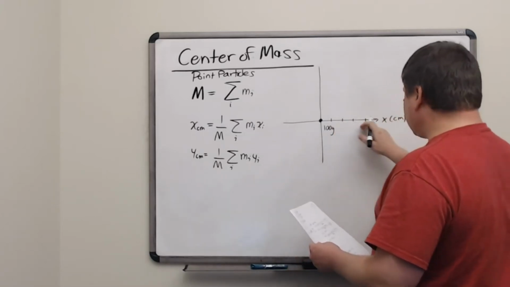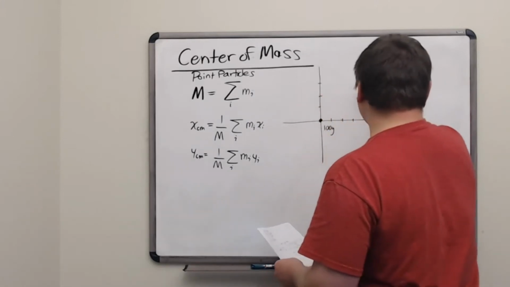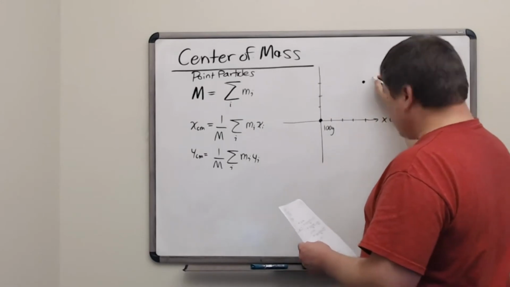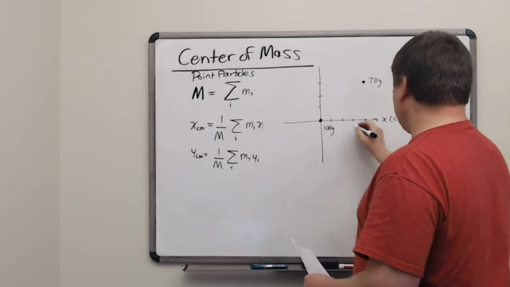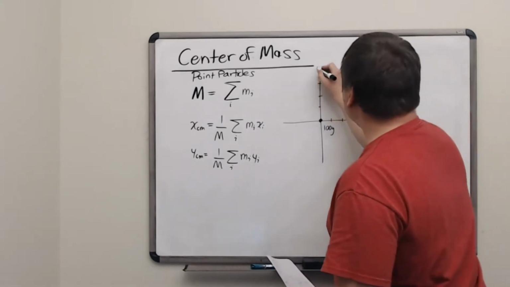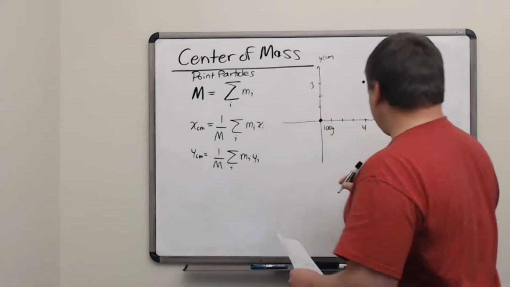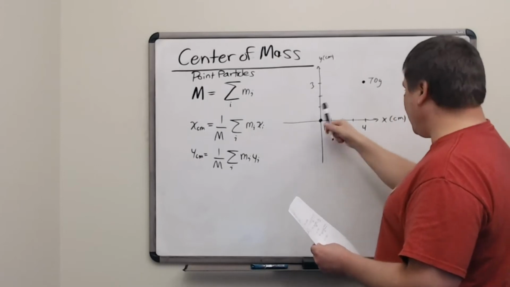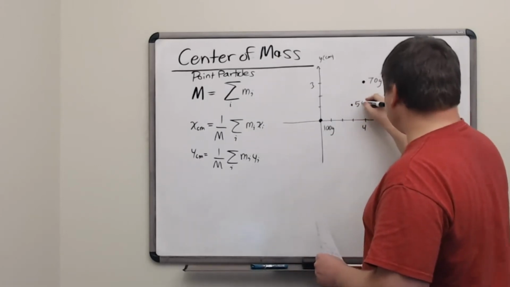There's a second mass in the system with 70 grams at the x-coordinate 4 centimeters and the y-coordinate 3 centimeters. And at the x-coordinate of 3 centimeters, y-coordinate of 1 centimeter, we'll have a mass of 50 grams.